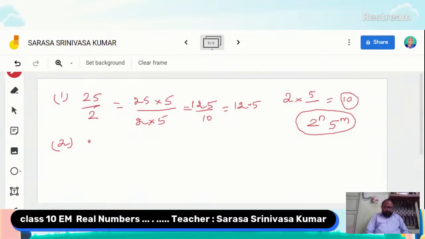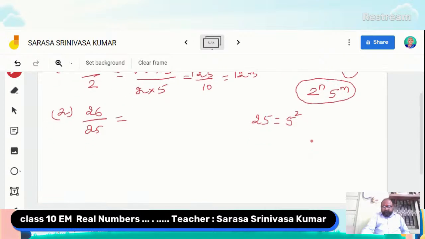Now we consider another example, 26 by 25. 25 is equal to 5 square.